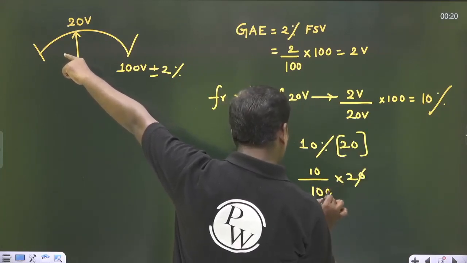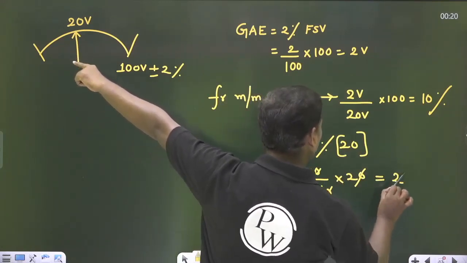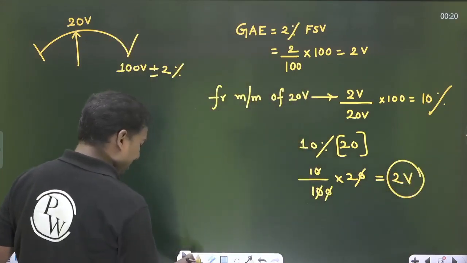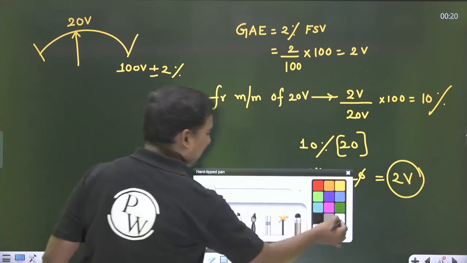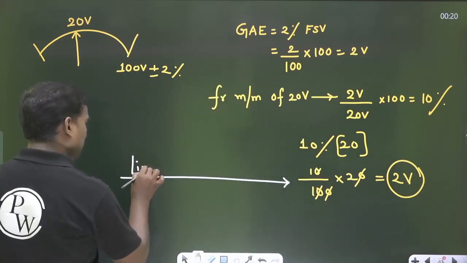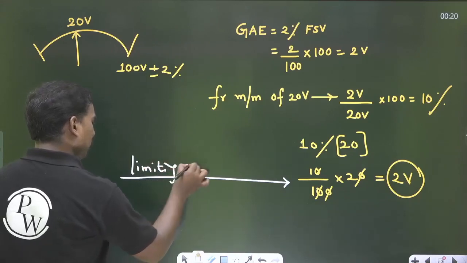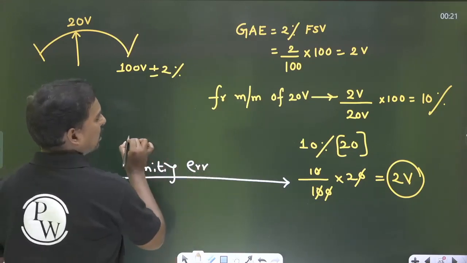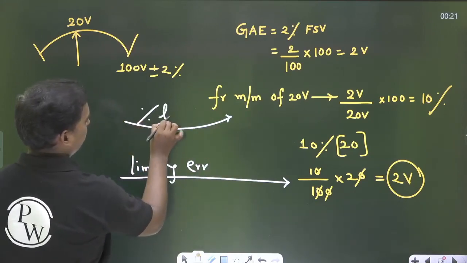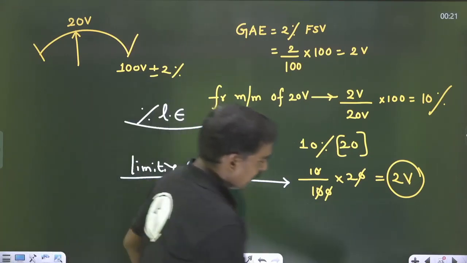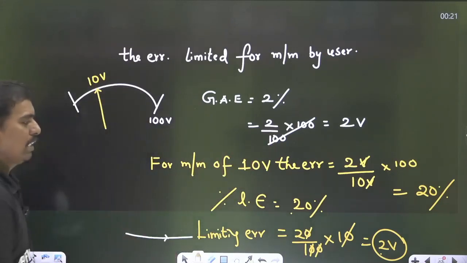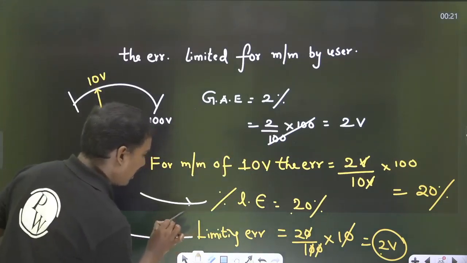If you check this, again the value is 2. So have you observed? This is the limiting error, and this is the percentage of limiting error. Understood? Similarly here also, this is the limiting error and this is the percentage of limiting error.